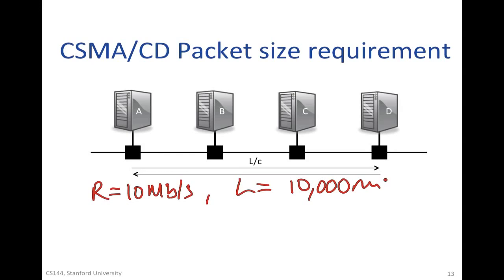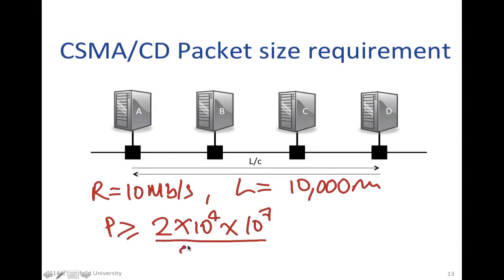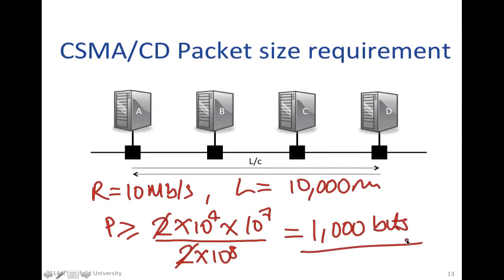Well, we need P over R to be greater than or equal to 2L over C. So P must be greater than or equal to 2 times L, 10 to the 4, times R, 10 to the 7, divided by 2 times 10 to the 8. The 2's cancel, and 10 to the 11 over 10 to the 8 is 1,000 bits. So for a CSMA/CD network to operate correctly at that size and those rates, the minimum size packet has to be 1,000 bits, or about 128 bytes.